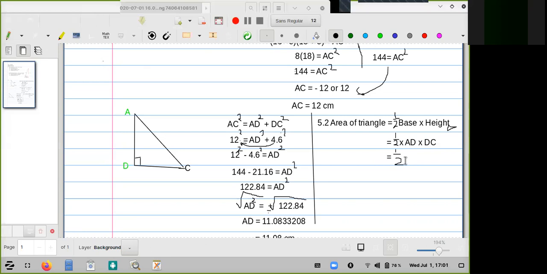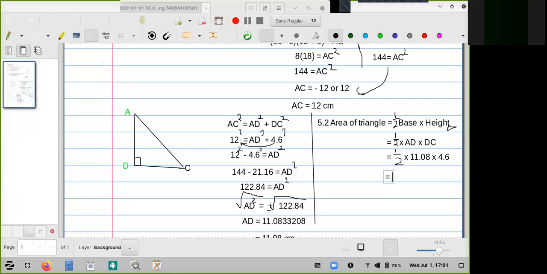And multiplication there, remember, we can make use of the dot multiplication. AD, which is 11, we found it to be 11.08, then multiplied by 4.6. Right? Then if we use a calculator, we are saying half multiplied by 11.08 multiplied by 4.6.